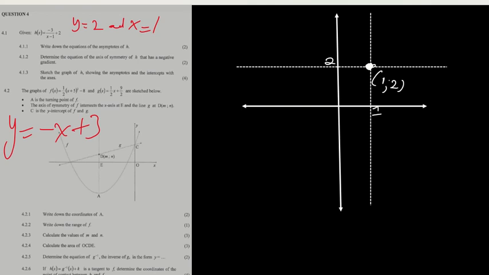Now what happens? They said we should show all the intercepts. So now what is left is to just find the x and y intercepts. For the x-intercept, you let y equal to 0.